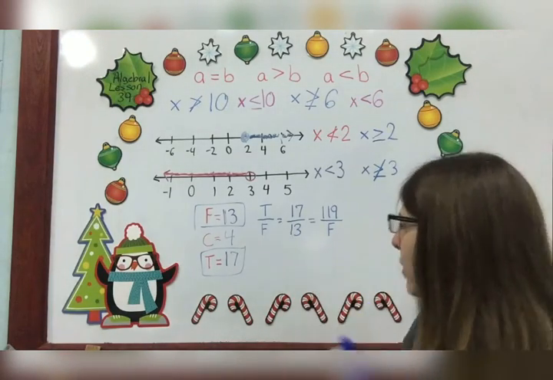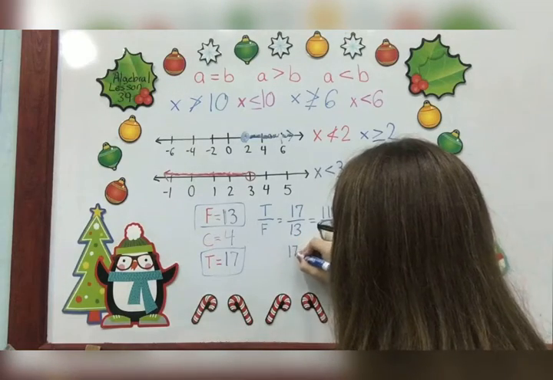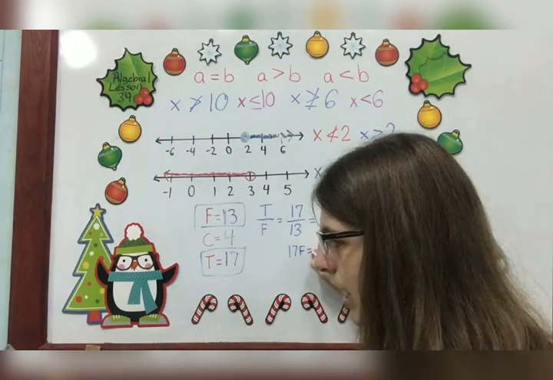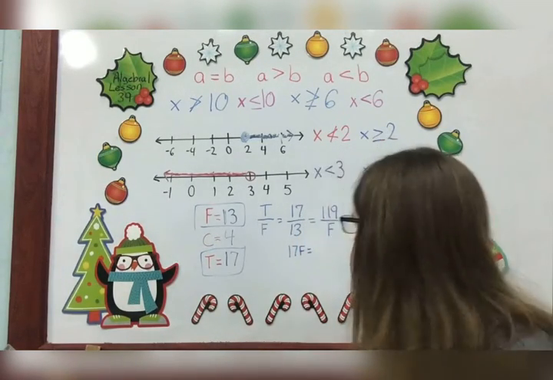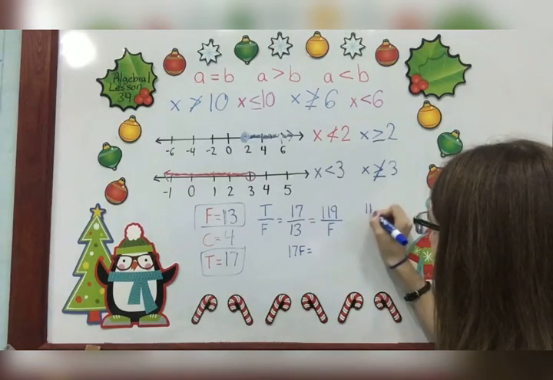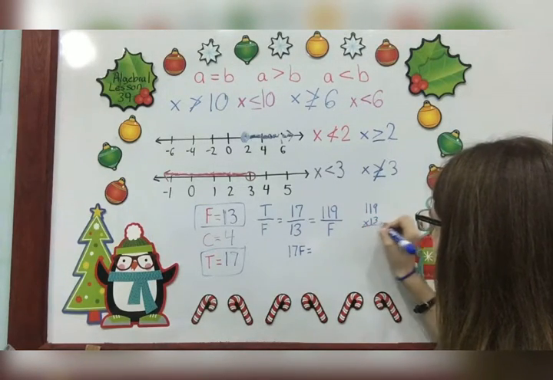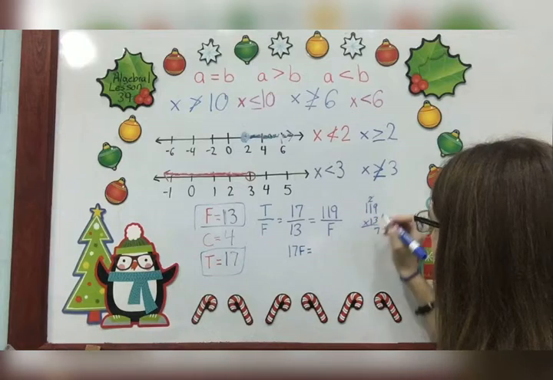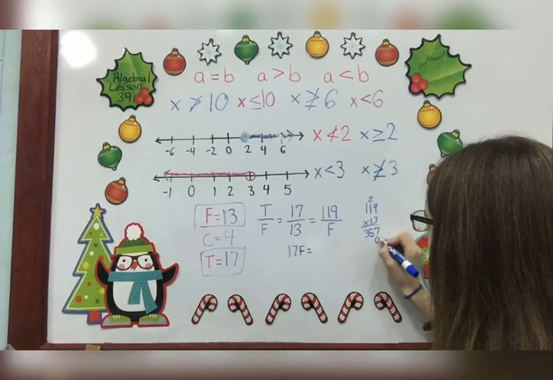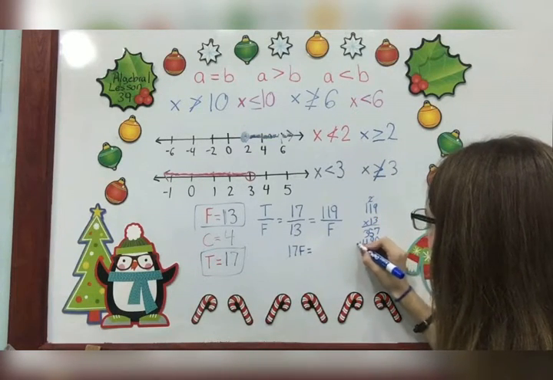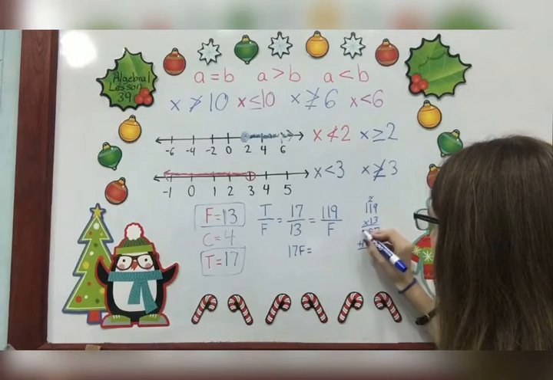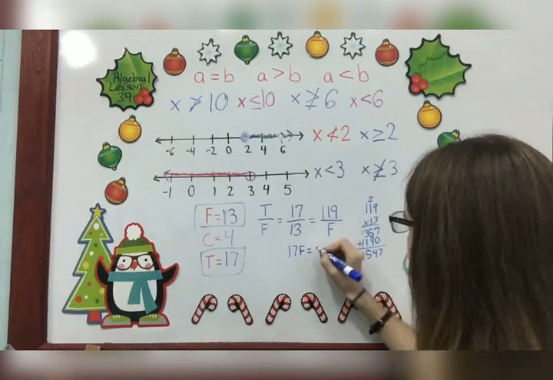So I cross multiply to solve. I get 17f equals, let's see, whatever 119 times 13 is. Let's do that really quickly. You know something? I don't like doing math on the board in front of you. It freezes up my brain.